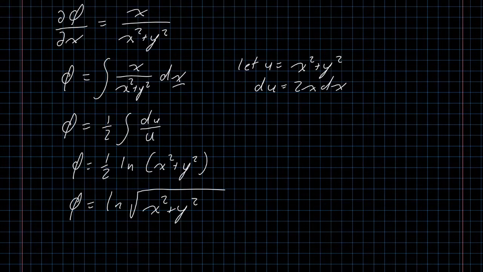Although there's something that I do have to worry about. Because whenever I perform an indefinite integral, there's always some constant of integration. But because I had a partial derivative up here, my constant of integration is more complicated than we usually think of it as. Because I integrated with respect to x, and I assumed right here that y was constant.